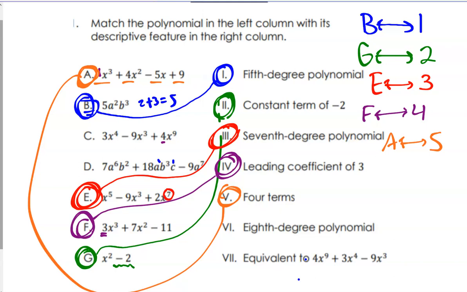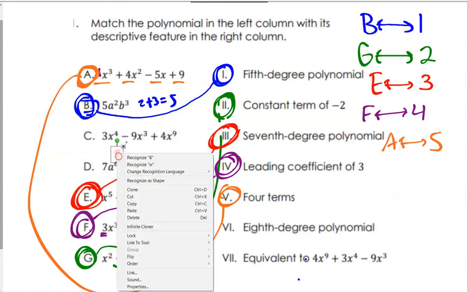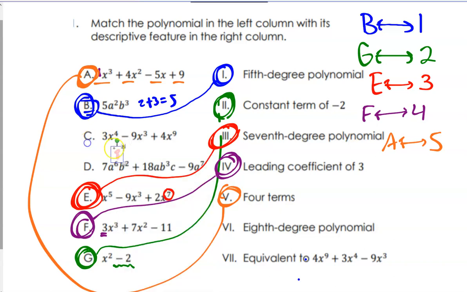Eighth degree polynomial. So my highest degree is going to be an 8. So part C, I have an exponent of 4, 3, and 9. Okay, well, none of those are 8, so it's not C. For D, this piece has a 6 and a 2, so this degree is 8. That's hard to see, isn't it? Let's change that color.